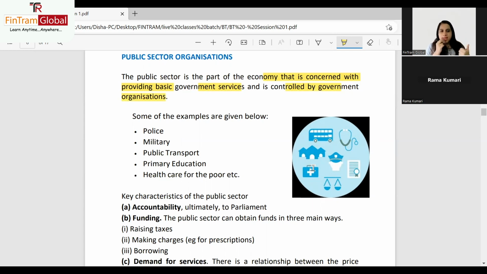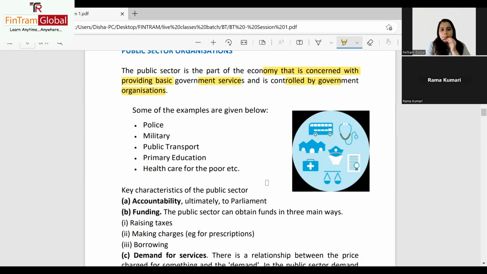So your police, like I had mentioned, military, public transport, any primary education or any healthcare that we have for the poor, all of these will be considered public sector organizations because they are there to provide some services to your citizens for the betterment of the society. And of course, this is controlled by the government. The government will decide what is going to be, let's say, the budget for the military, or how the police is going to operate, whether it's center or state, depending on where you are. So that's why they are your public sector organizations.